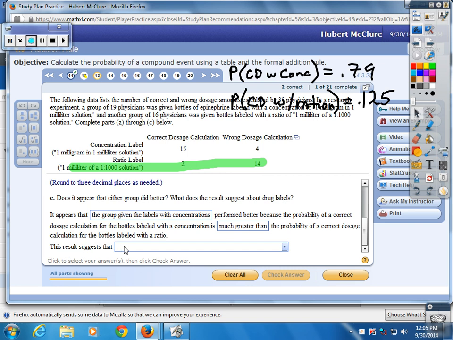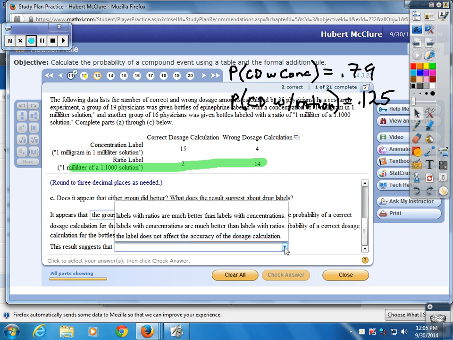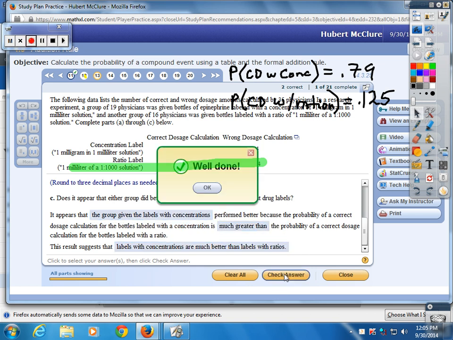This result suggests that doctors are stupid. No. Labels with what? Ratios, concentration ratios. Are much better than blah, blah, blah.